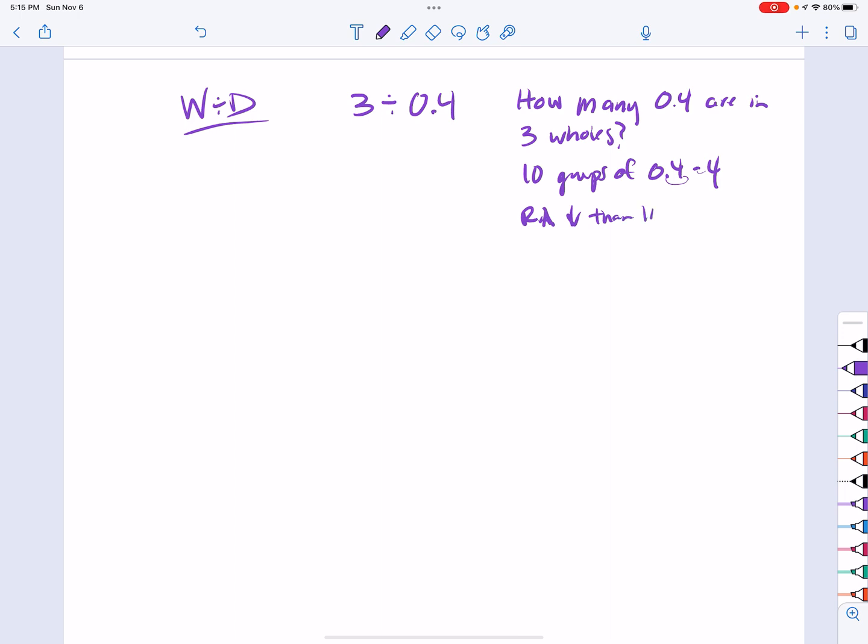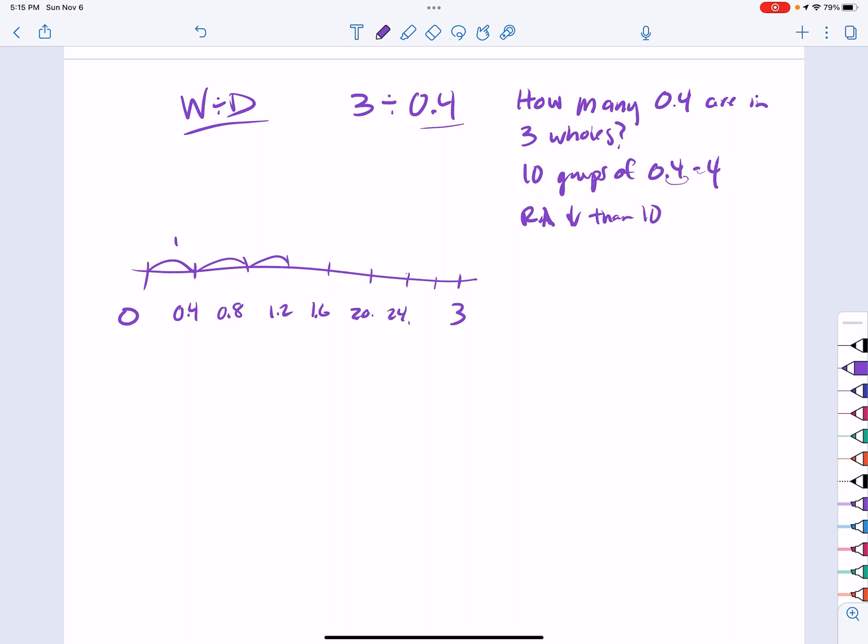If I'm looking at a number line, I start out here at 0, and my goal is to get up to 3 wholes. If I make one jump, and keep in mind I'm making groups of 4/10, I would land on 4/10. Another one would get me to 8/10, and then 12/10, and 16/10, and 20/10, and 24/10, and 28/10.